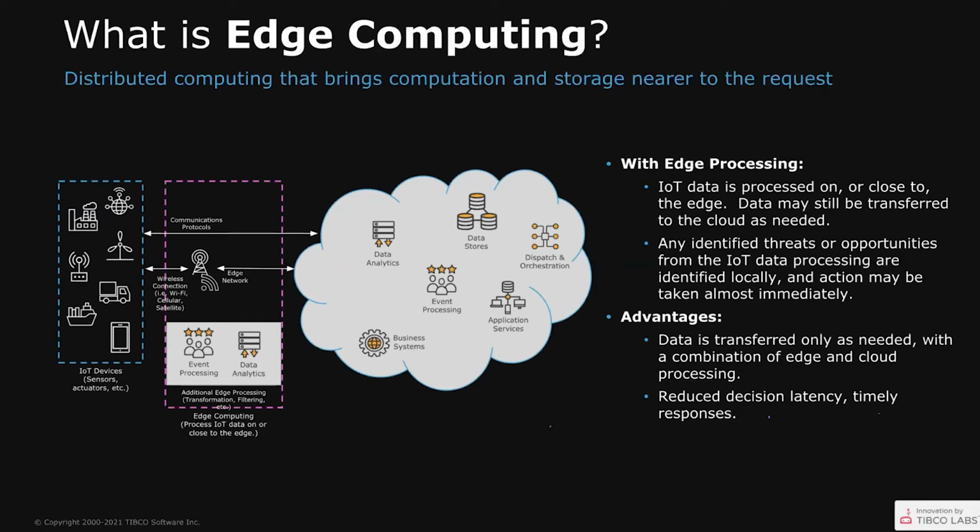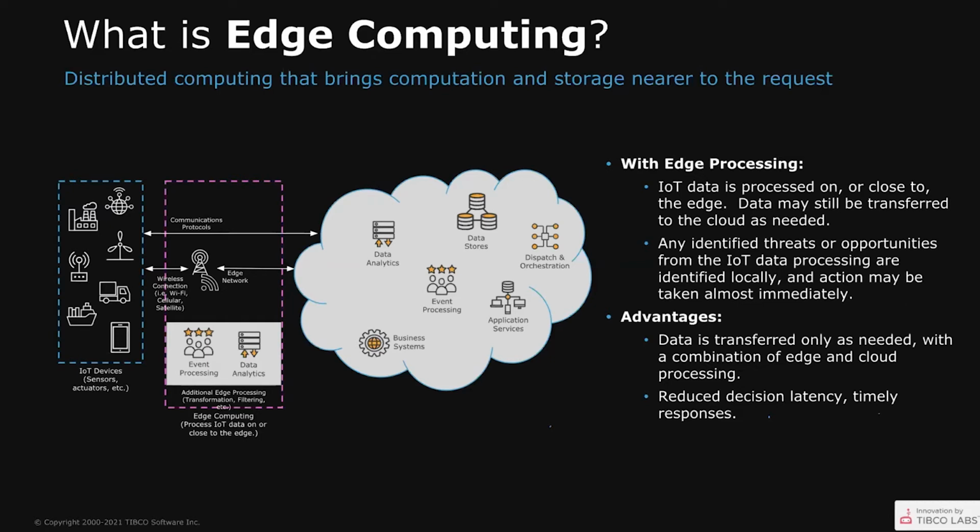So now, instead of just transferring your data all the way up to the cloud, in the same example as before, you're able to compute right at the edge. Any threats and opportunities are identified locally, and the action can be taken almost immediately, right?